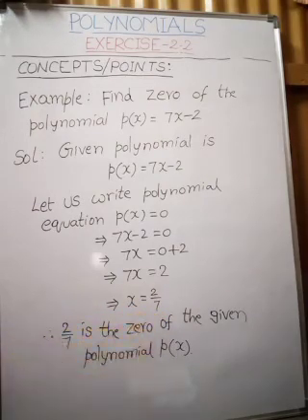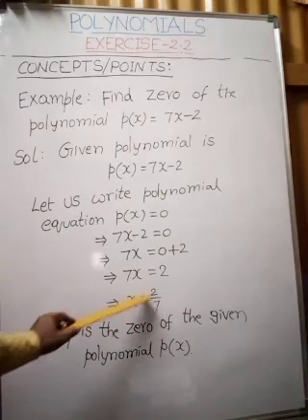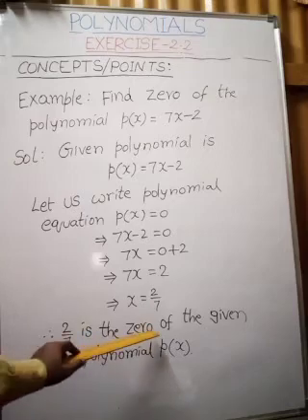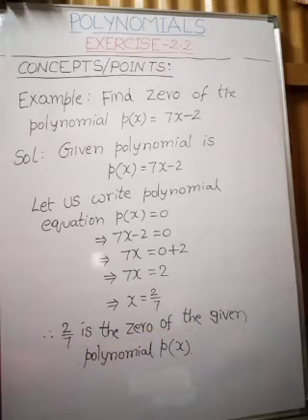This is the value of x we got after solving the polynomial equation p of x is equal to 0. Therefore, this real number 2 by 7 is said to be the zero of the given polynomial p of x. Is it clear, my dear children? Understood how to find the zero of the given polynomial p of x?